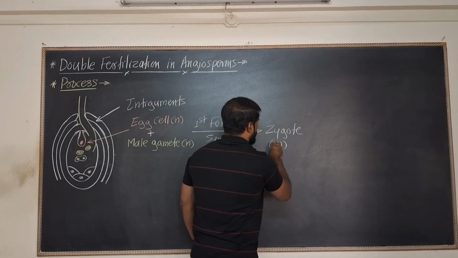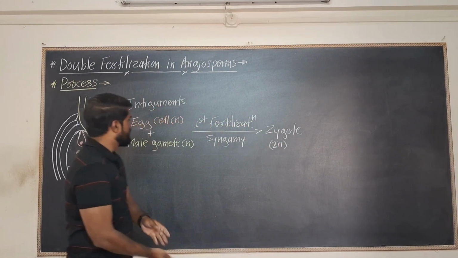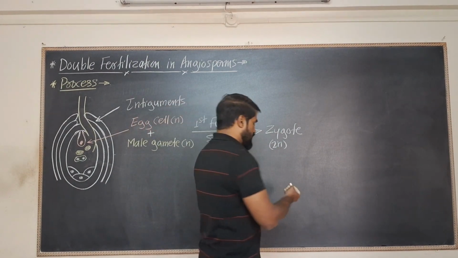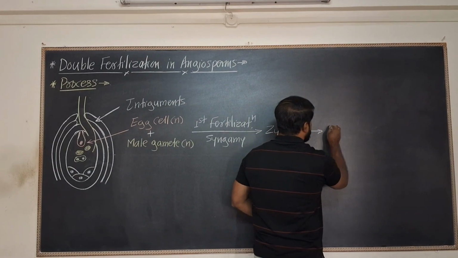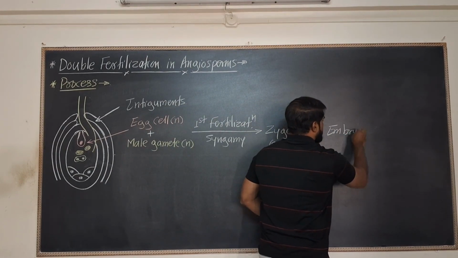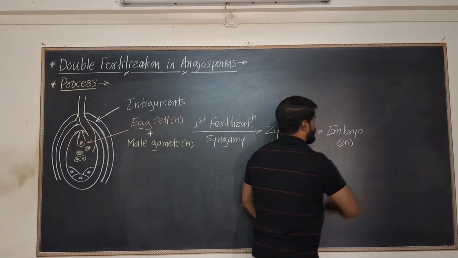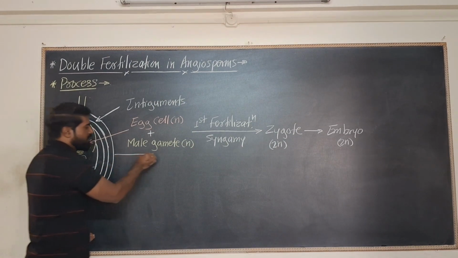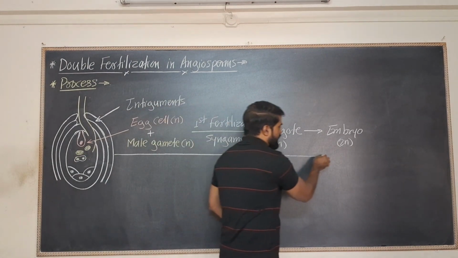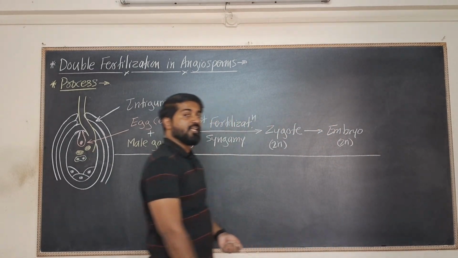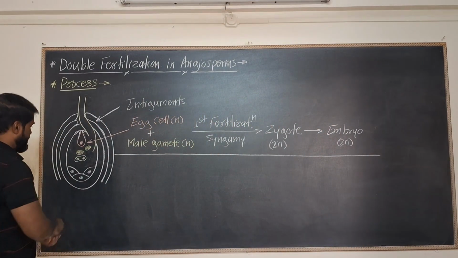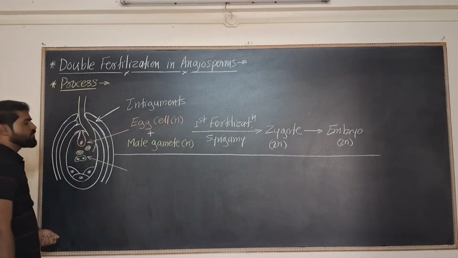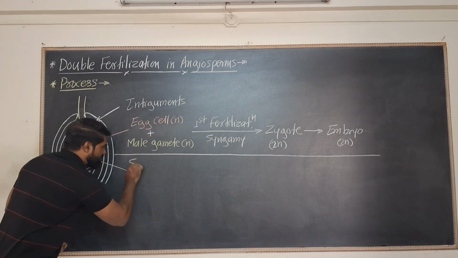Zygote is 2N structure, because N plus N, it now becomes 2N. Zygote afterwards grows into the embryo, which is also diploid one. That means after first fertilization, embryo gets produced. Now comes the second fertilization. Here the remaining male gamete fuses with the secondary nucleus.